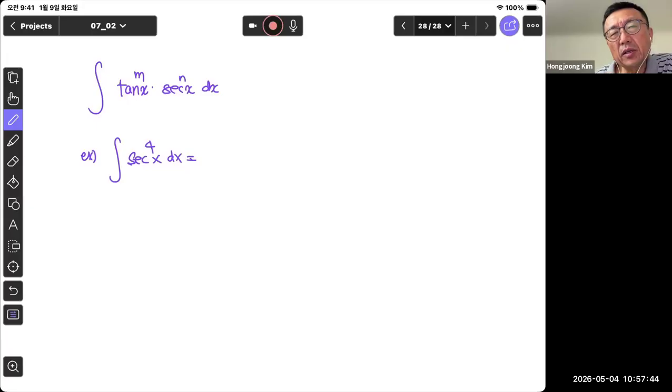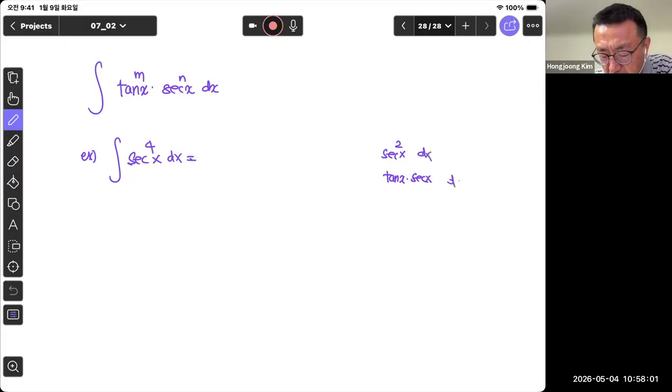In case of tangent and secant, I need secant x squared or tangent x secant x as an extra copy.